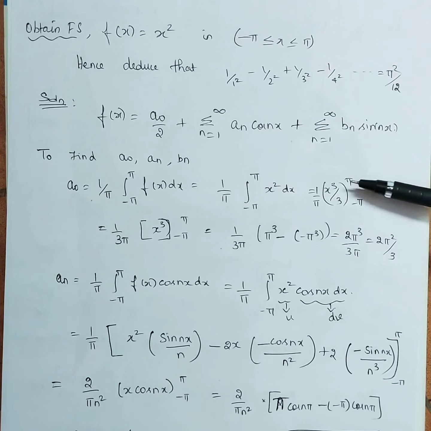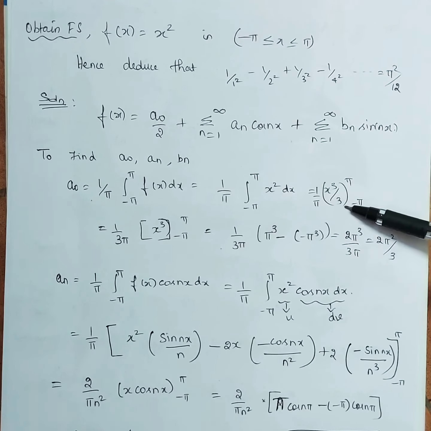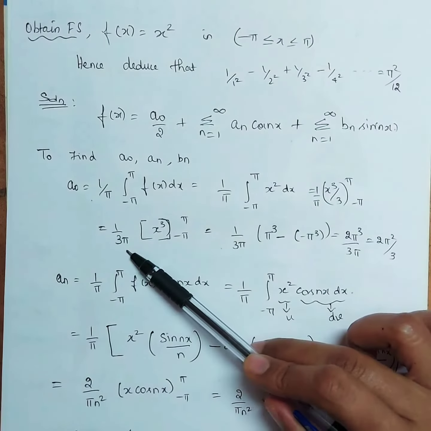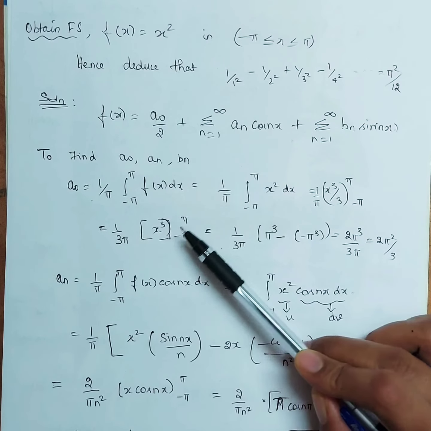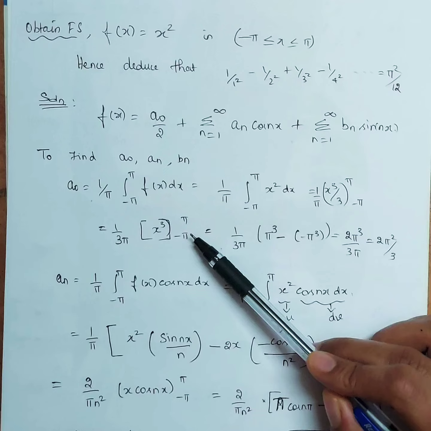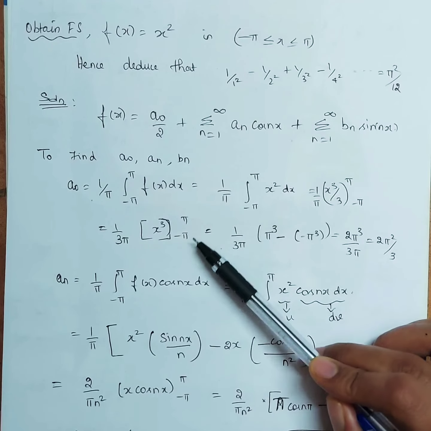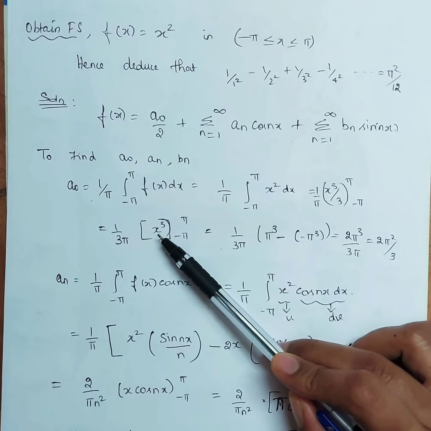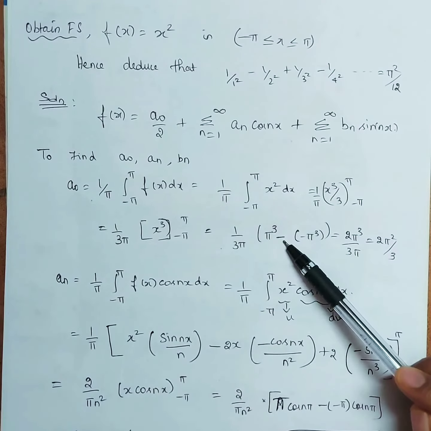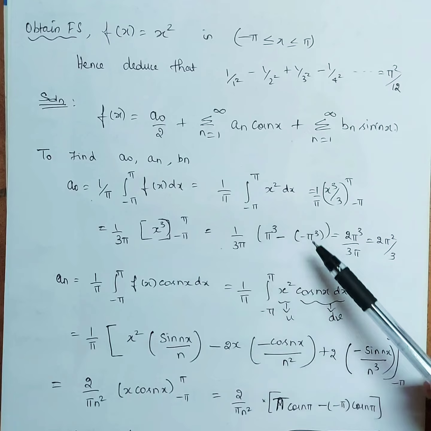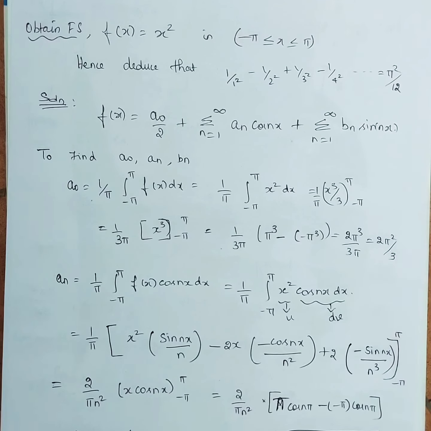How we will apply the limit? Upper limit minus lower limit. So this 3 is just a constant. So always keep only the x terms inside the bracket. Remove all the constants. So 1 by 3 pi. Inside the bracket only x term is x cube. And upper limit is pi and lower limit is minus pi. We are going to substitute upper limit first. Pi cube I have written, minus lower limit, which is minus pi the whole cube.